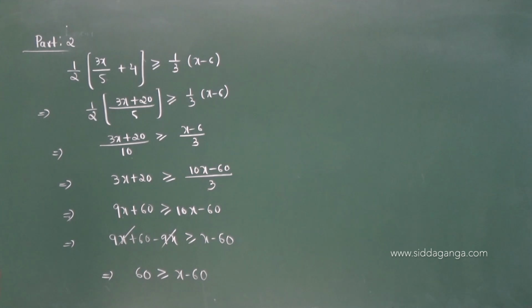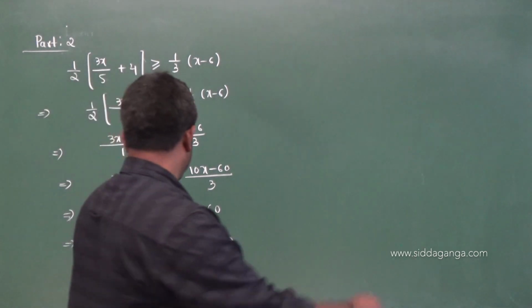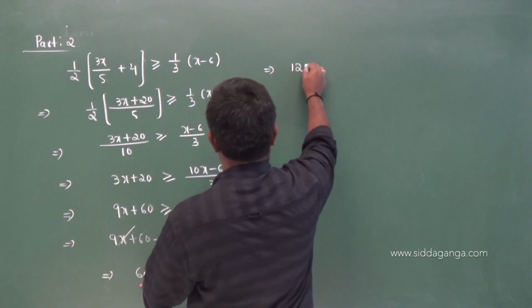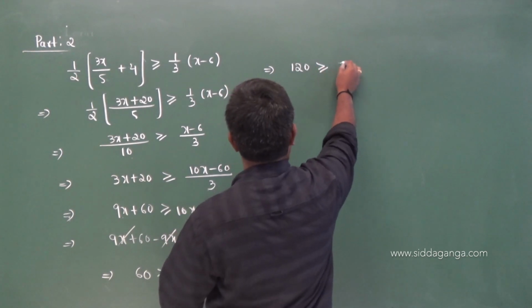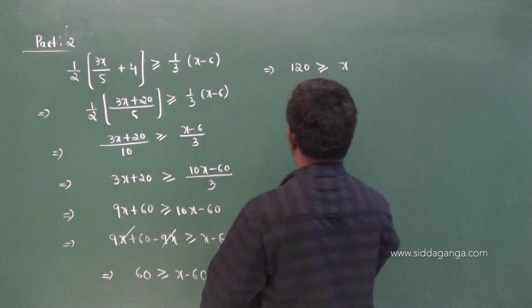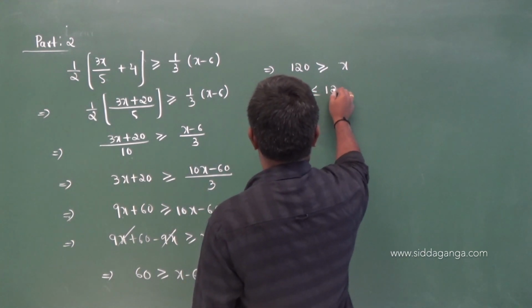So let us make x single by adding plus 60 on both sides. So 60 plus 60, you will get 120. 120 is greater than or equal to x minus 60 plus 60, you can cancel, you get x. This is the same as x is less than or equal to 120.